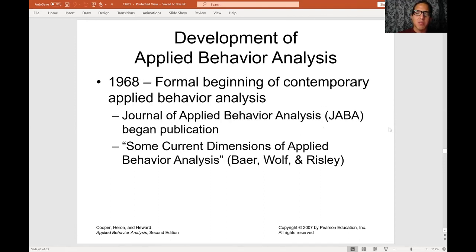Formal beginning of contemporary behavior analysis started in 1968 when the Journal of Applied Behavior Analysis, JABA, began publication. And then some current dimensions of applied behavior analysis, a paper by Baer, Wolf, and Risley came out to outline the dimensions of applied behavior analysis.